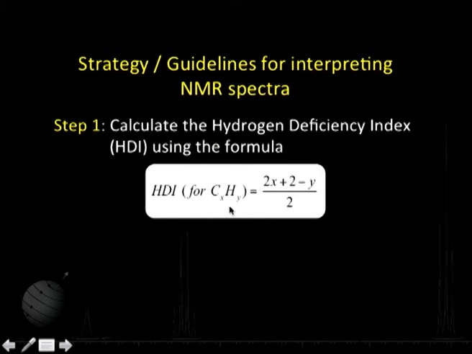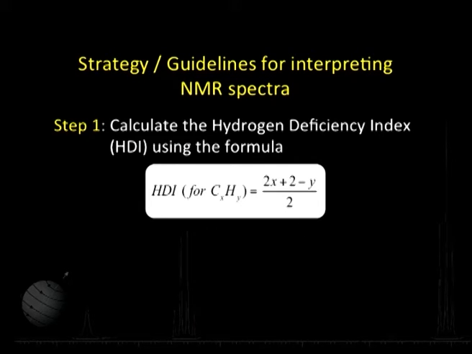If I want to find out the hydrogen deficiency index for, say, CxHy, essentially it is given by the following formula: (2x plus 2 minus y) divided by 2. If the molecule is a saturated hydrocarbon, I expect 2x plus 2 hydrogens, and suppose they happen to be y, so subtract that from there and divide by 2. So, this basically is a measure of the unsaturation or the presence of rings in the molecule.